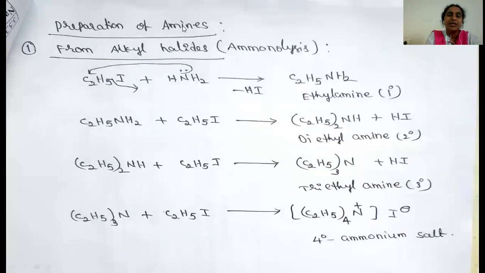And coming to the preparations of amines, the first preparation is from alkyl halide. So here the alkyl halide we have taken is ethyl iodide. When it reacts with ammonia, as we discussed earlier, the nitrogen contains one lone pair of electrons, hence it acts as a Lewis base or a nucleophile. A base is nothing but something that donates electrons to another substance which is electron deficient.